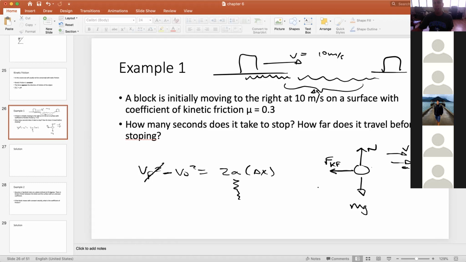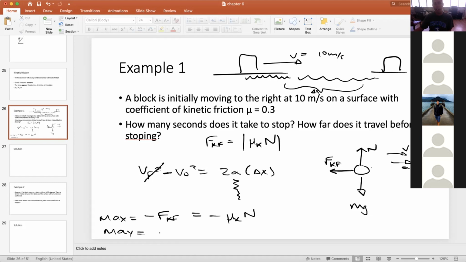The force of kinetic friction has a magnitude mu_k N. I'm going to probably start leaving off the k and just writing mu N. Okay, so what do I get for the equations of motion here? ma_x, a is positive, therefore the force is negative, and I know that it's got mu_k N.